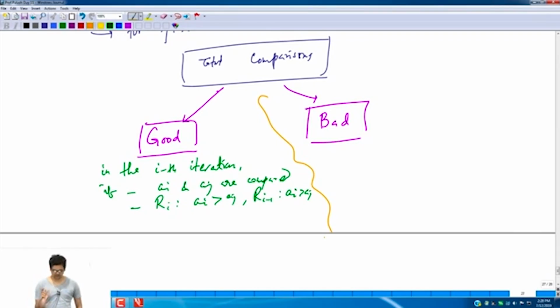I will call this comparison a good comparison if AI and AJ are ordered in the same way in both Ri and Ri minus 1. Ri minus 1 is the (i minus 1)th oracle's ordering, and Ri is the ith oracle's ordering. And bad is otherwise, if it is not good. That means AI and AJ have been compared in the ith iteration, and Ri and Ri minus 1 order AI and AJ differently. Sure?